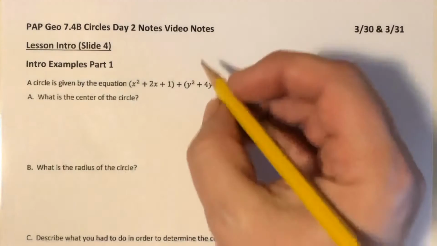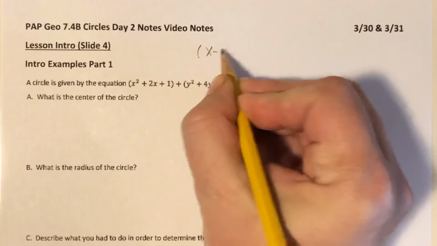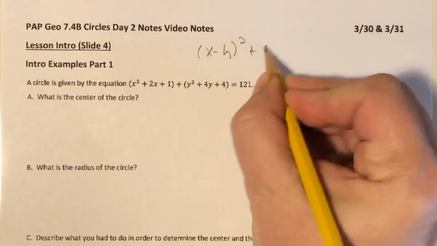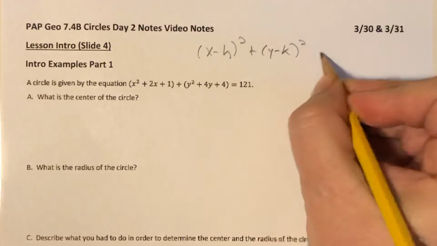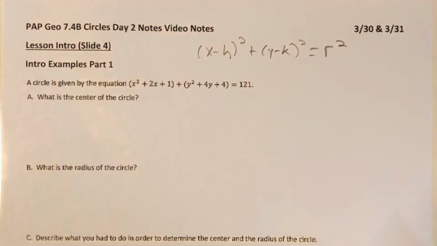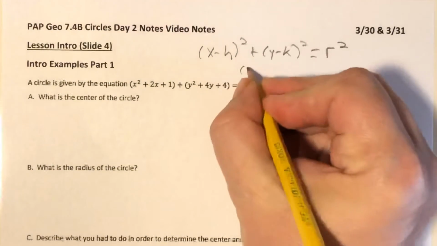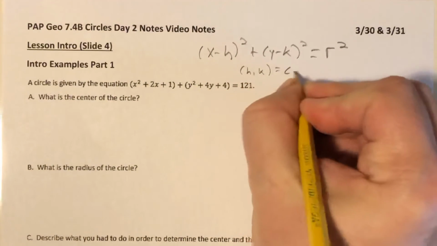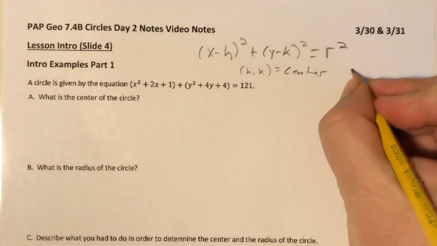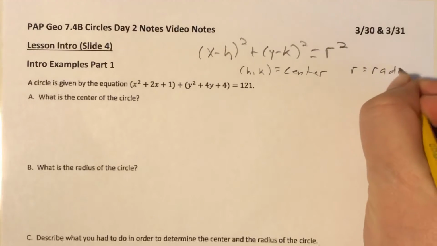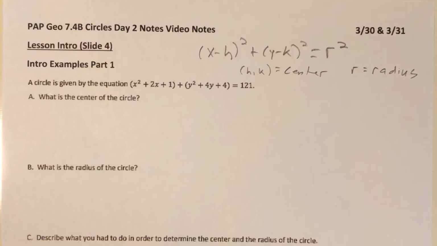And we determined that that form looked like this: x minus h squared plus y minus k squared equals r squared. Okay, remember h comma k is the center of our circle, and r is the radius. That's the length of the radius. And remember the way that we derived this, the r was basically the hypotenuse of the right triangle when we used Pythagorean theorem.